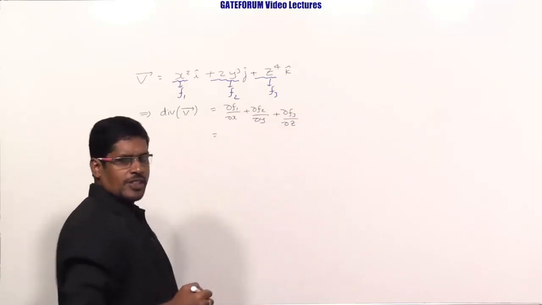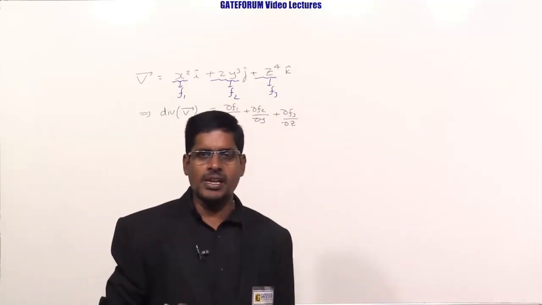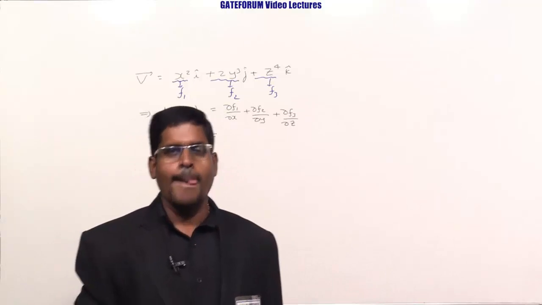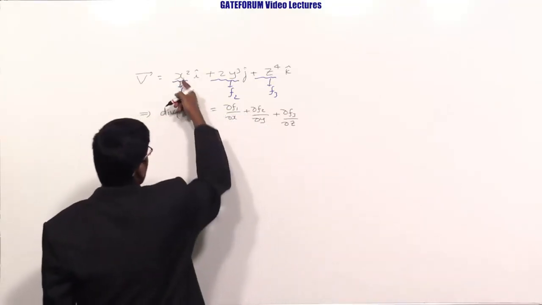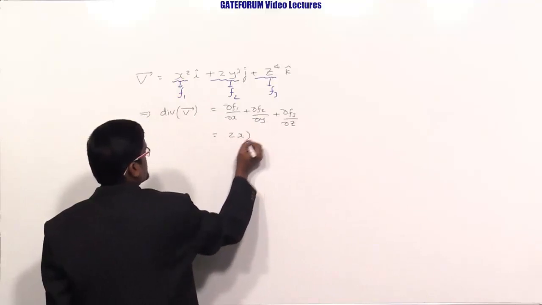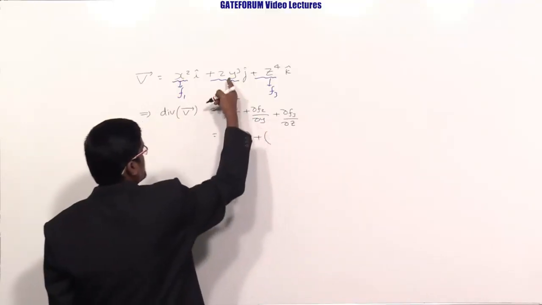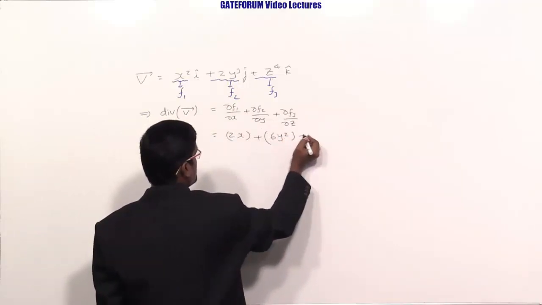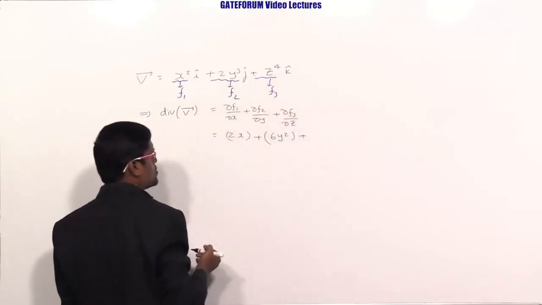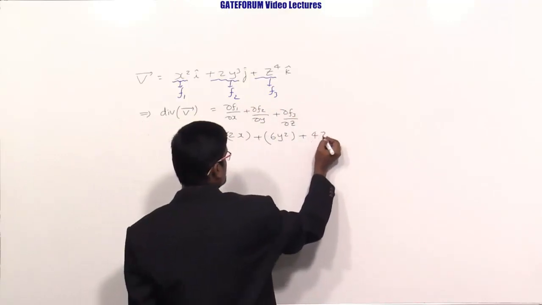Partial derivative with respect to x means y, z constant. Similarly with respect to y means x, z constants, and with respect to z means x, y are constants. So with respect to x, x square derivative is 2x, plus with respect to y, f2 means 2y cube derivative 6y square, plus for f3 with respect to z, that is 4z cube.